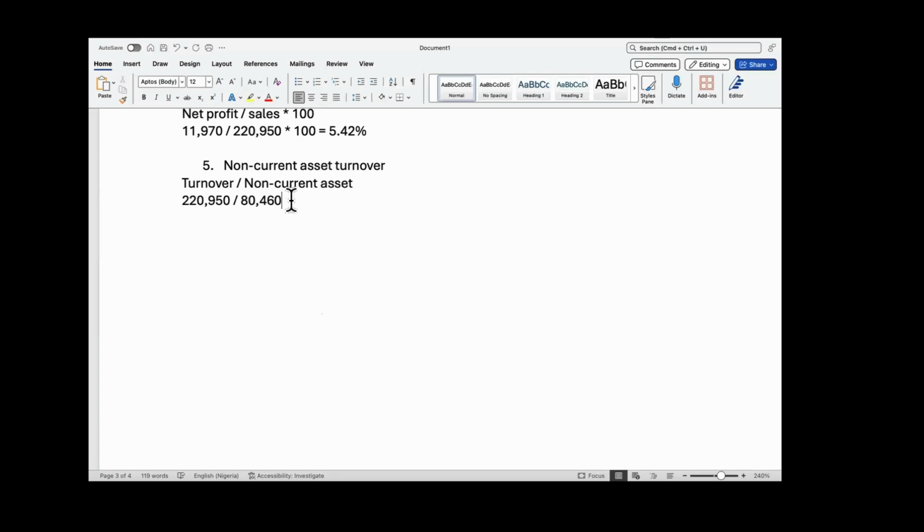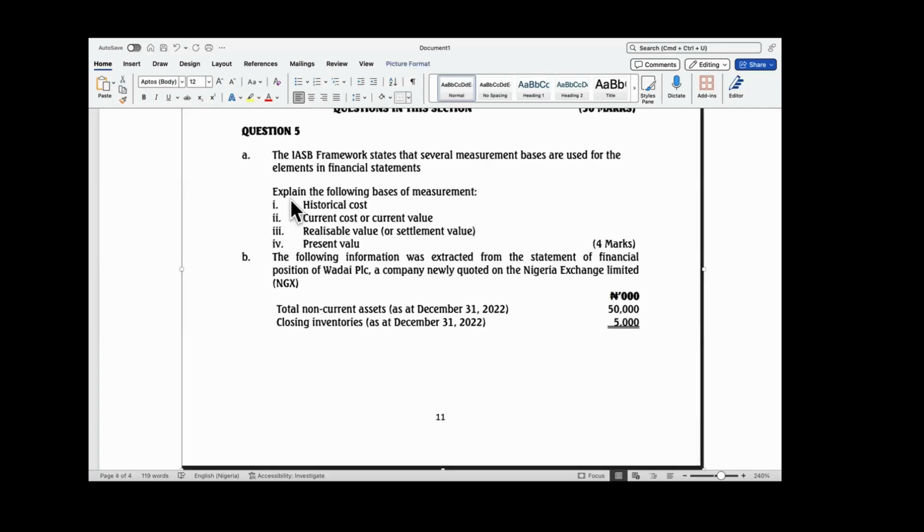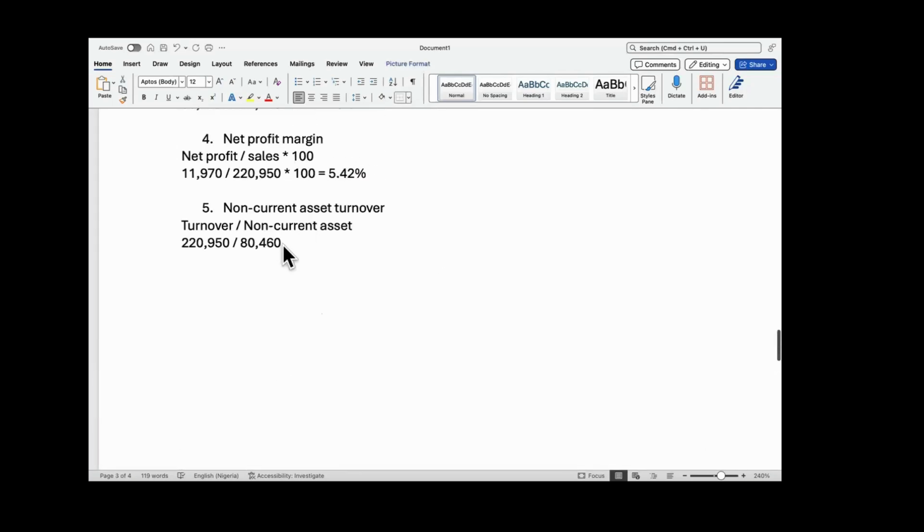When you find businesses whose turnover is 100 million, but their assets are 500 million, that's a problem. So how much is this? What would this give us? 2.75. 2.75 times.